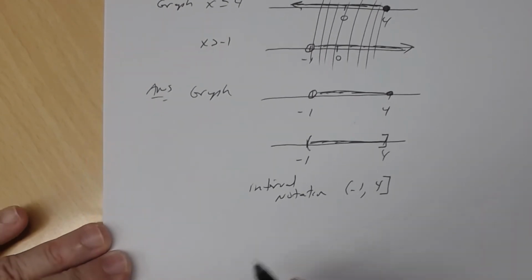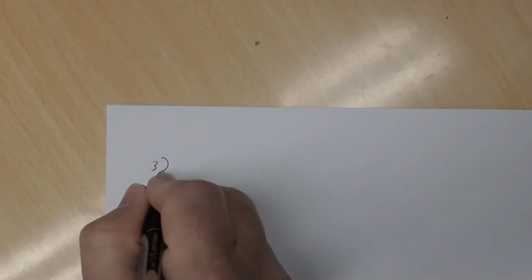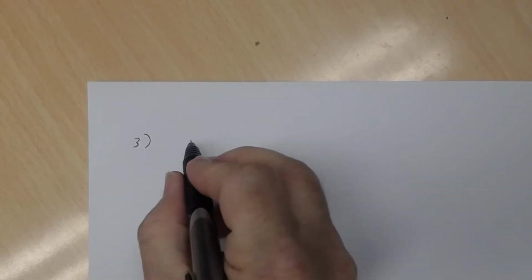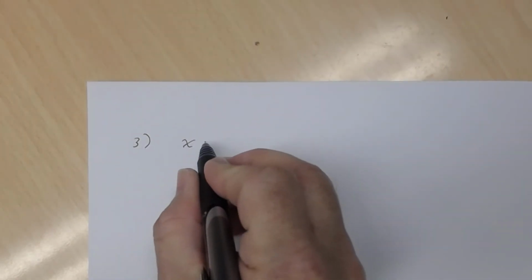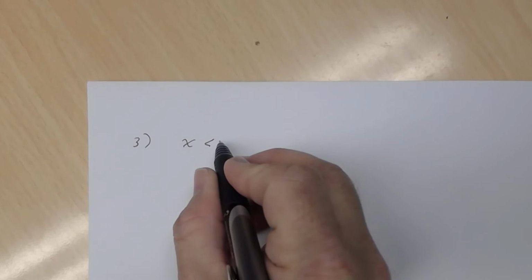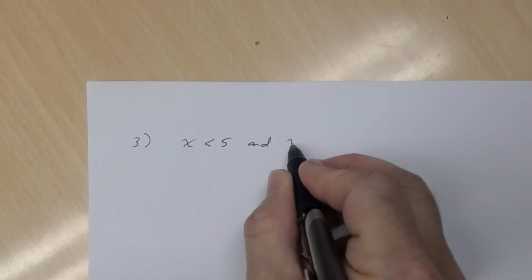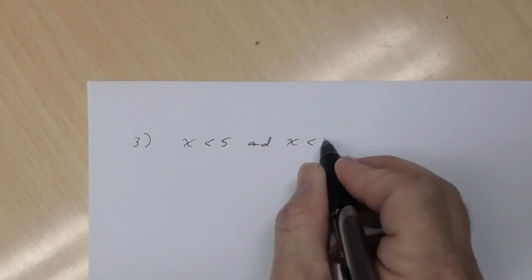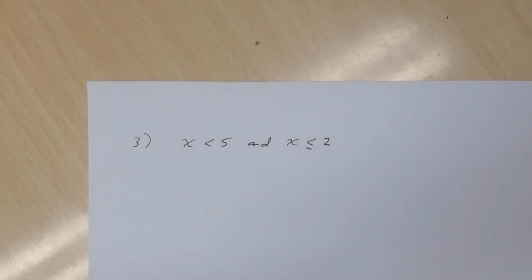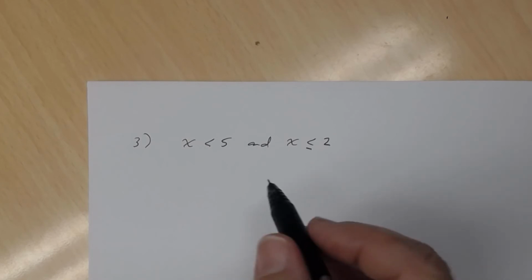Now let's look at number 3. Suppose you had x is less than, let's say, 5, and x is less than or equal to 2.